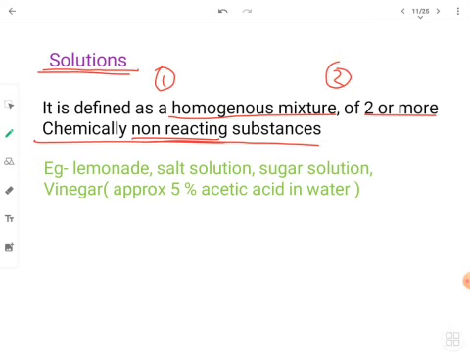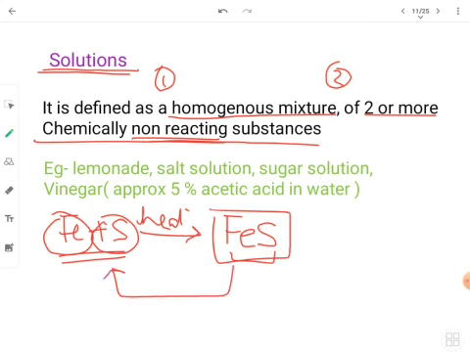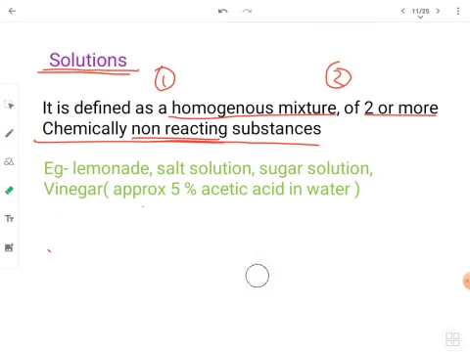Unlike the example of iron filings and sulfur that I gave you, when you heat this up, it will not show the property of iron, it will not show the property of sulfur, it will show the property of the compound iron sulfide. Its properties are totally different from these. So do not forget the basic differences between mixtures and compounds.